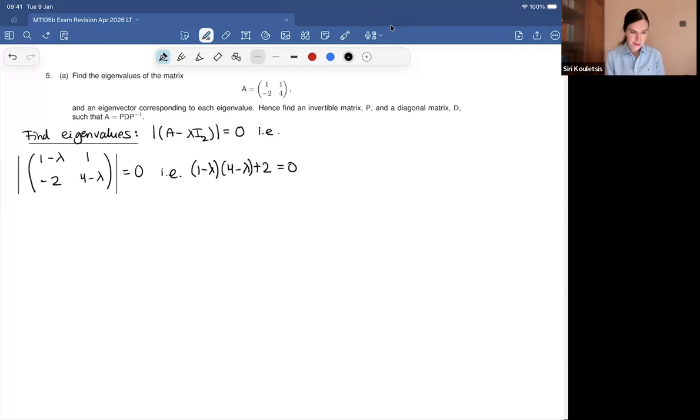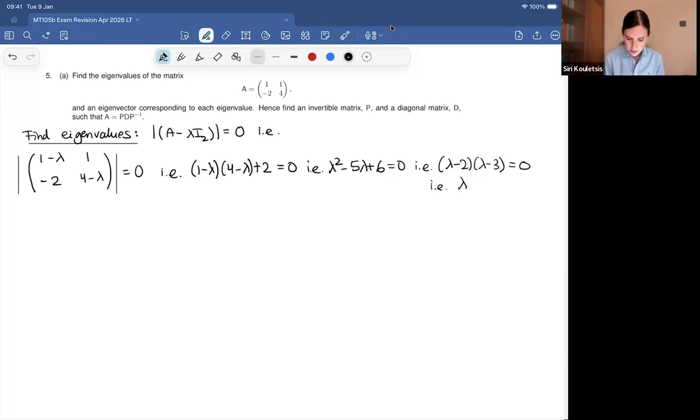Okay, so pulling this together then, we see that we have lambda squared minus 5 lambda plus 6 equals 0. And again, we solve that either by using the formula, or you may have spotted that this factorizes as follows.